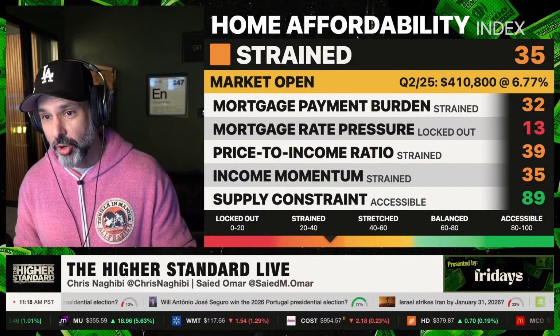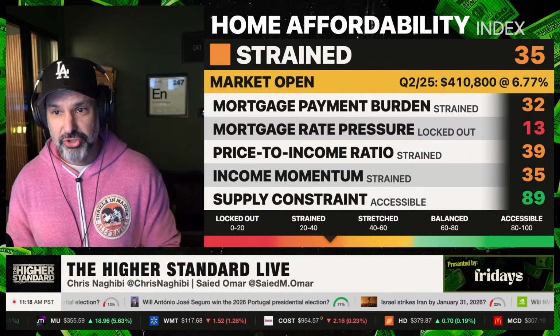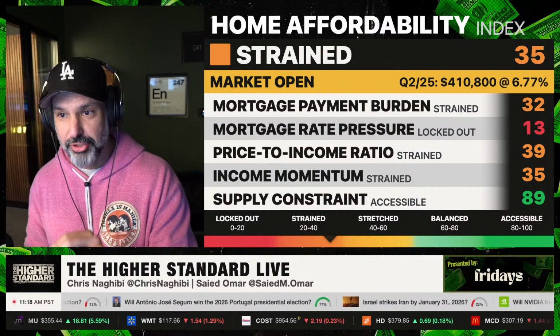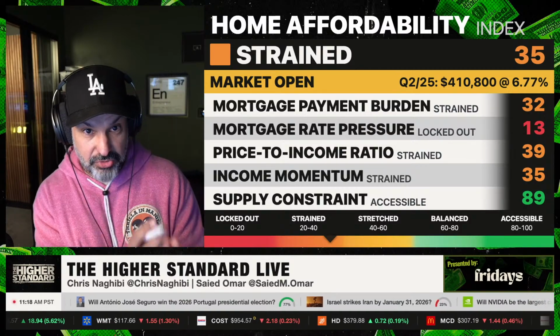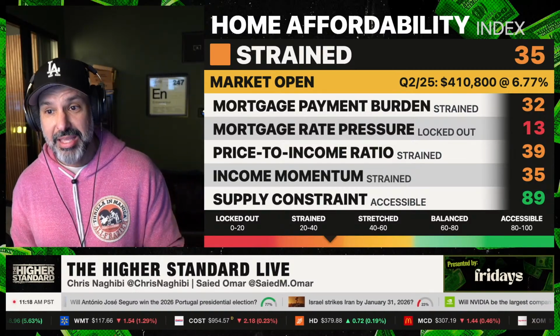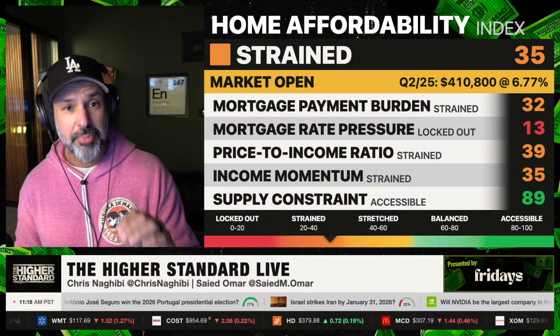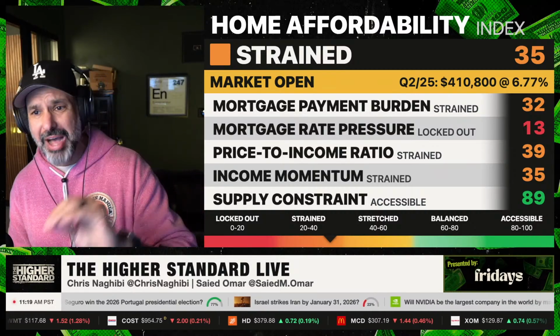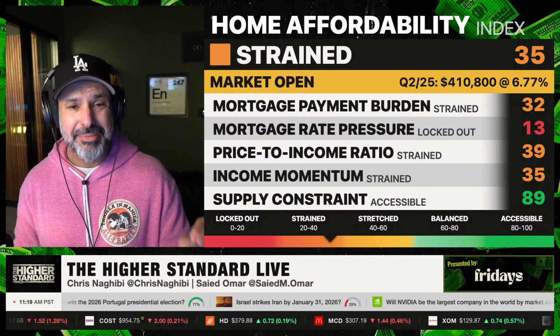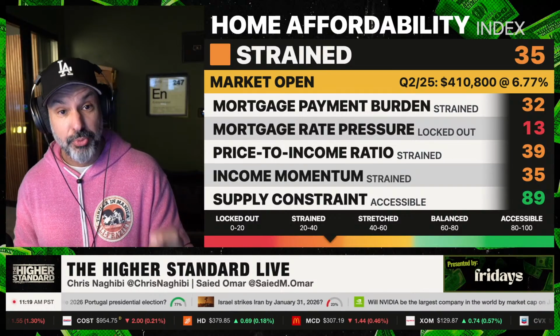So: median home price, standard down payment of 20% assumed, and we're applying the prevailing 30-year fixed mortgage rate, which in this case was 6.77% as of Q2 2025. That came up with a monthly principal and interest payment based on the Fed's data. We then divided that payment by the monthly median household income as reported by the Fed.